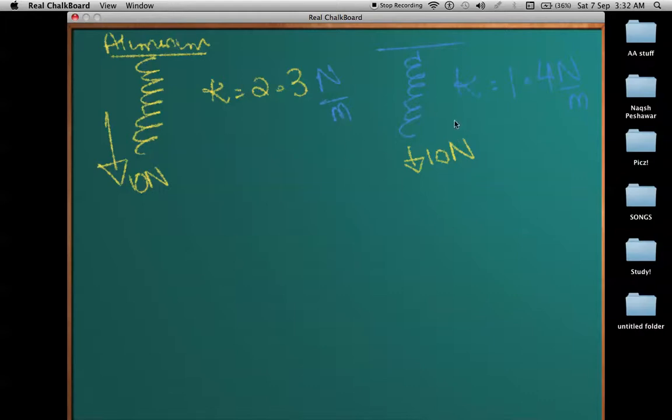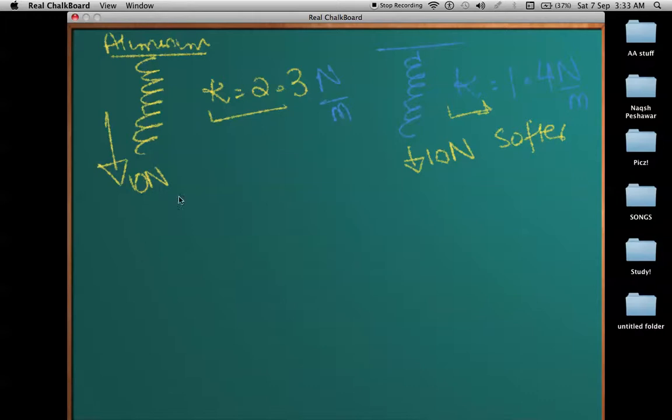Because the stiffness of this one is lesser than this one, you can safely say that this is a softer spring. And it would be easier to extend this spring compared to this one. This one would take in more force because it's a harder spring.